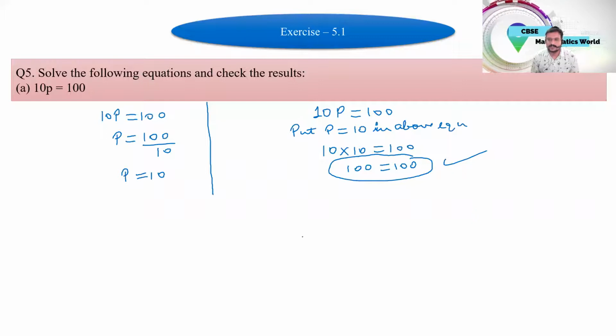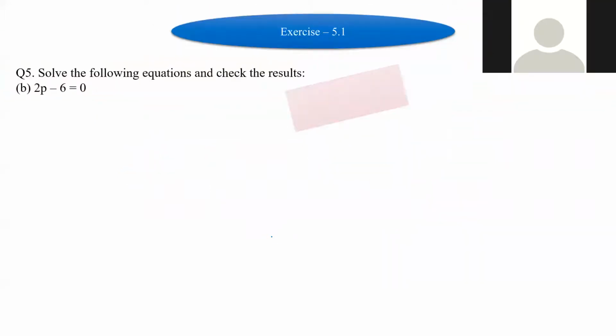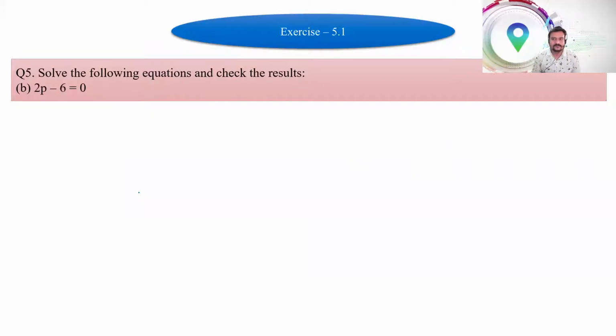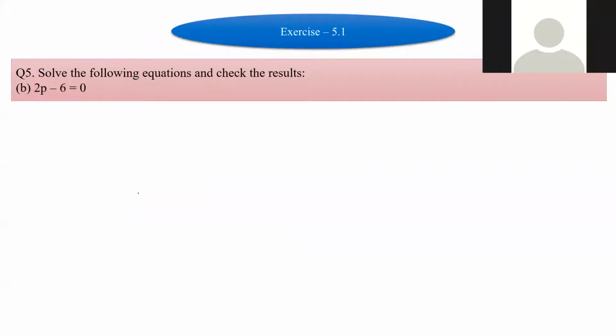हाँ बोलो पलक. Yes, sir. Sir, the question is 2p minus 6 is equal to 0. So, sir, here we will put 6 on the RHS side, plus 6. 2p is equal to 0 plus 6.